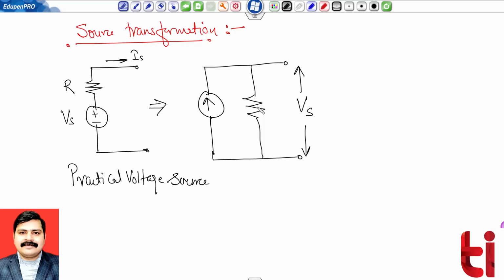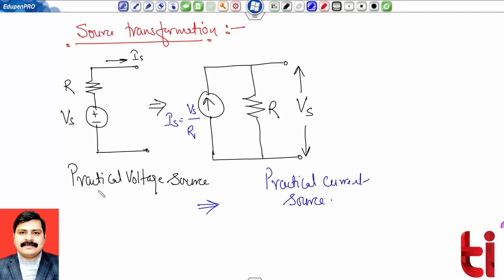Now resistance will be the same over here, and the value of this current source, this Is, will be the voltage source Vs divided by resistance R. So this is my practical current source. Okay, so over here, this is the source transformation from practical voltage source to practical current source.